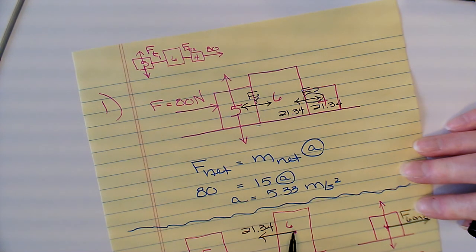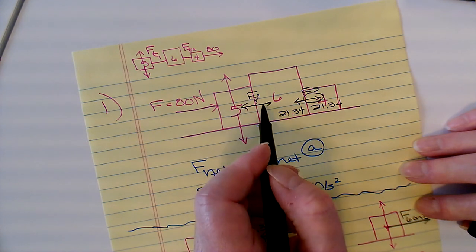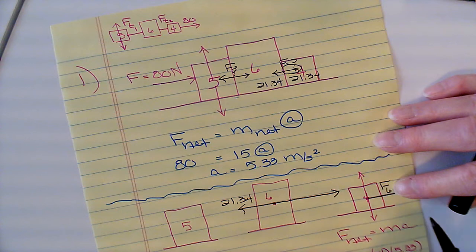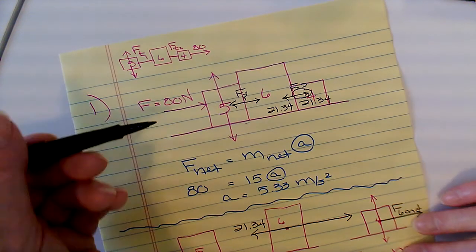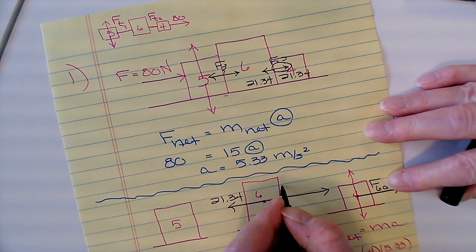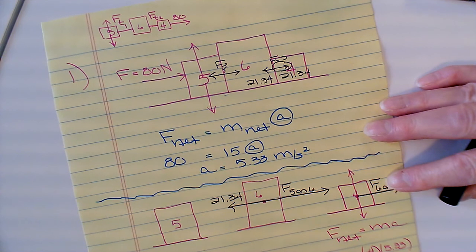I'm talking about the 6 block. I only care what is pressing on the 6 block. There's a 5 pressing on the 6 block, and that force is going to be longer, and the reason I know it's going to be longer is I expect the whole system to be going to the right. So I'm going to call this the force that the 5 block presses on the 6 block.